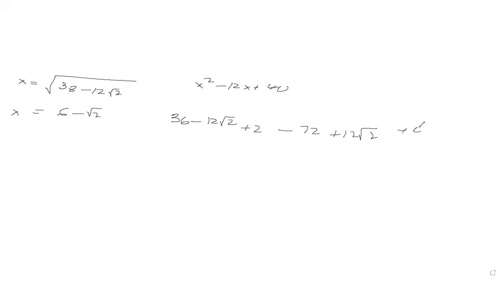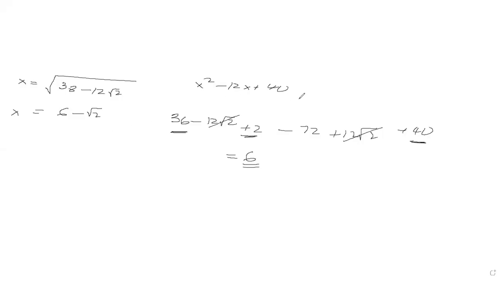You're adding 40 to it. And happily, the root 2's disappear. So you have 36 plus 2 is 38. Make it 38 plus 40 is 78. 78 minus 72 is 6. So the answer is a happy 6.